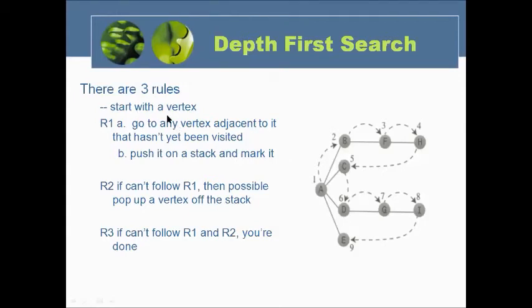Start with an index. Rule number 1 says go to any vertex adjacent to it that hasn't yet been visited.